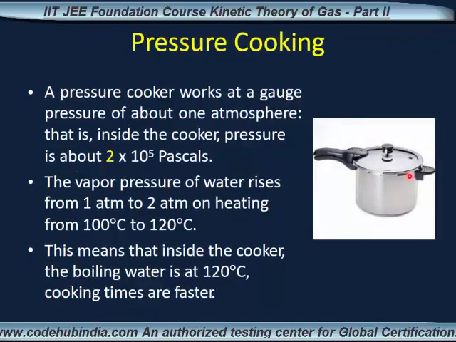In a pressure cooker, the pressure inside is about 2 into 10 to the power 5 pascal, and the vapor pressure of the water rises from 1 atm to 2 atm, raising the temperature inside from 100 to 120 degrees, because this is the boiling point inside the pressure cooker.